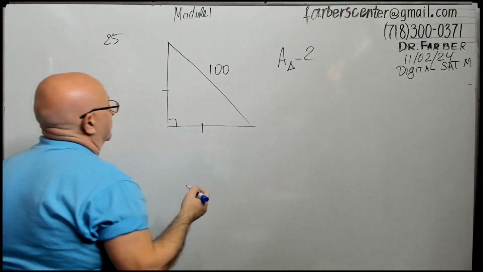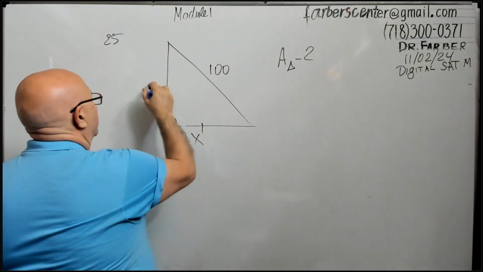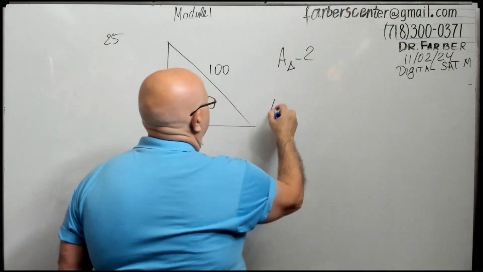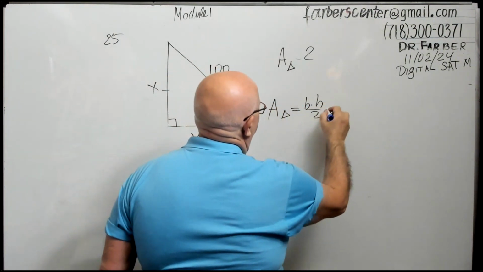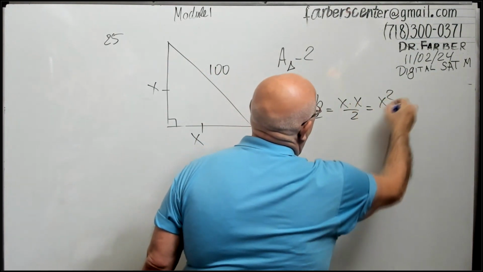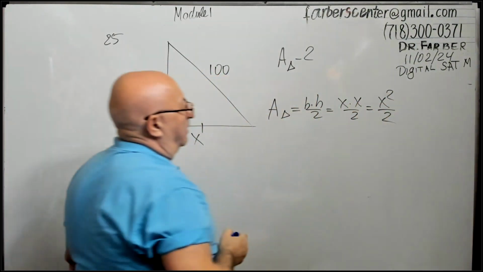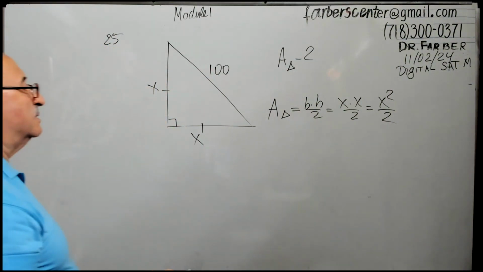One of the formulas we study for area is in 4th grade. The area of any triangle is base times height divided by 2, which is x times x divided by 2, which is x squared over 2. If I knew x, I would get it, but I don't know x.